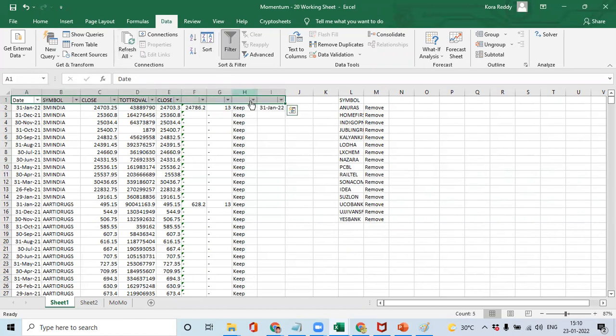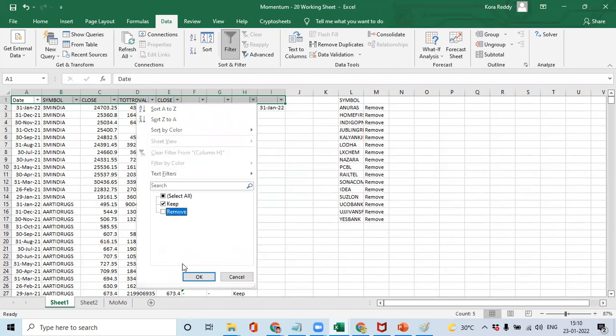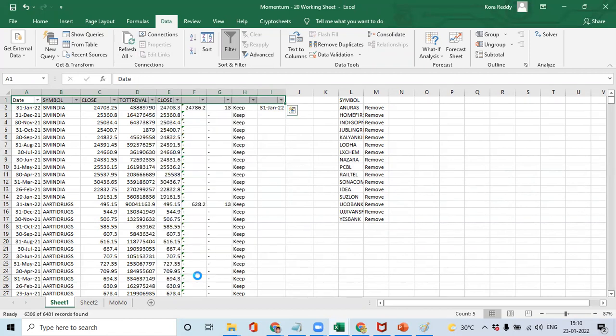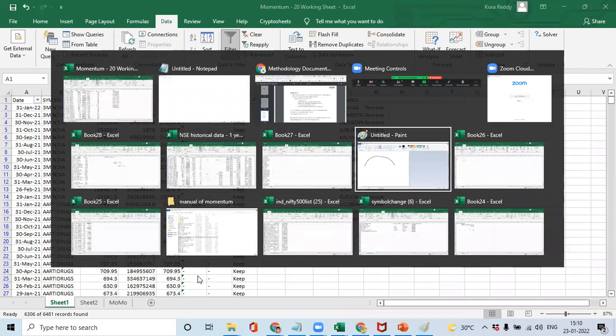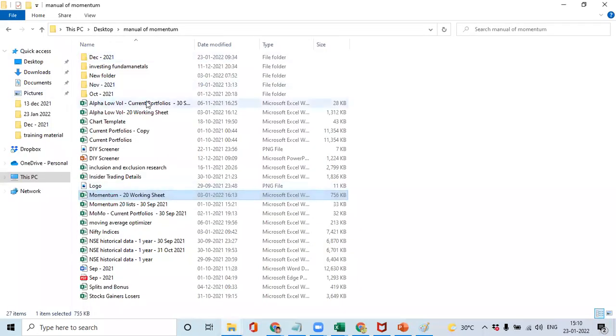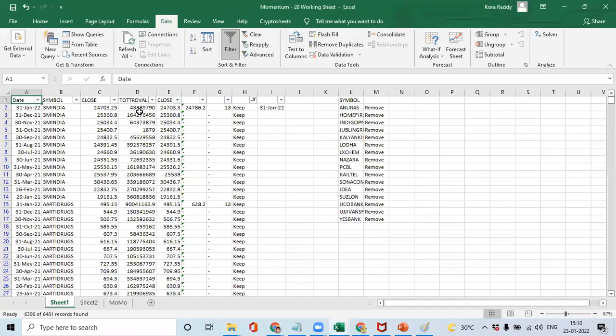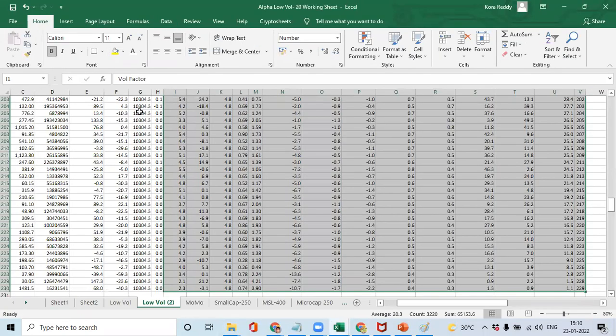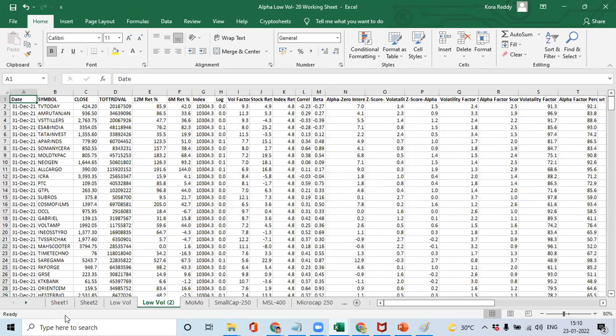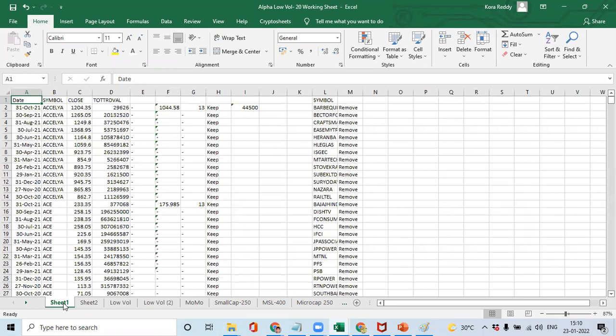Filter, keep. So this is my data, and I have a template for alpha low. Sheet 1 is just basically the removal of that list.